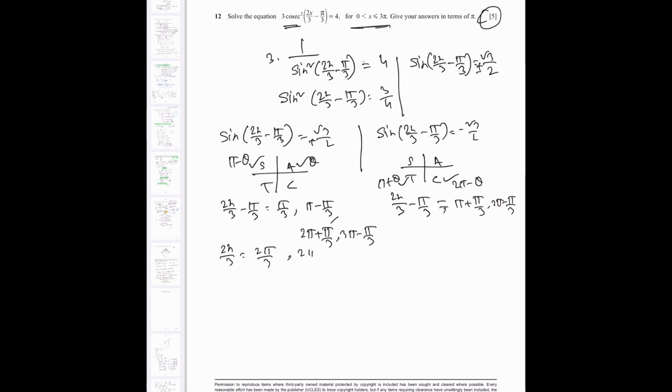Then 2 pi plus 2 pi by 3, then 3 pi equals 2 pi by 3, 6 pi plus 2 pi, 8 pi by 3.